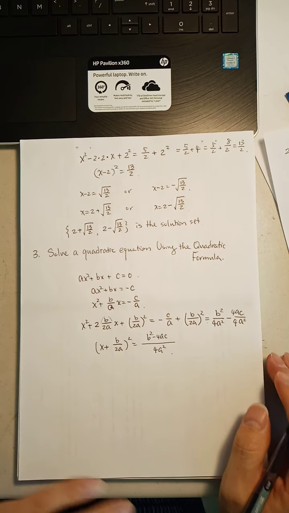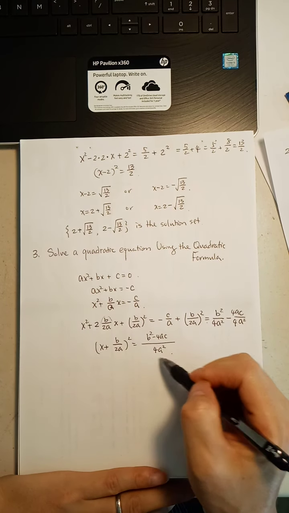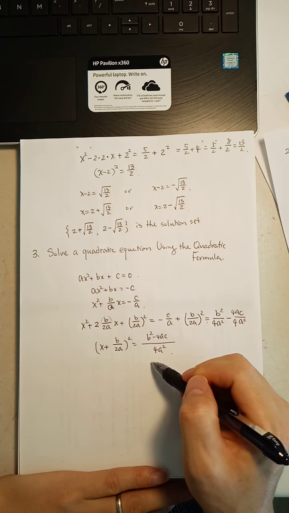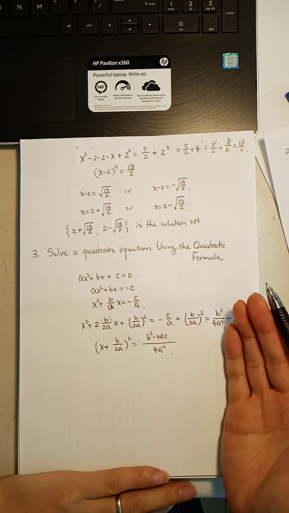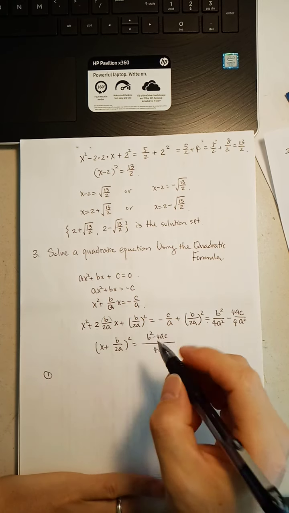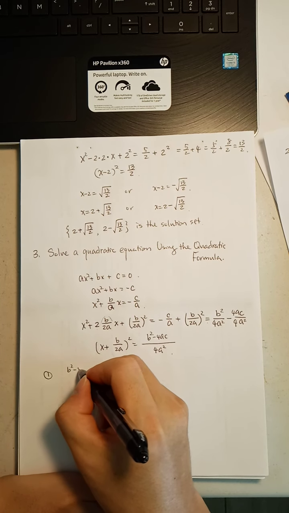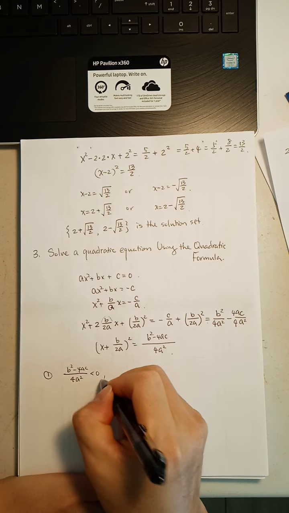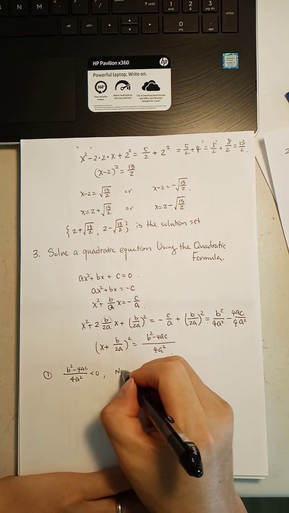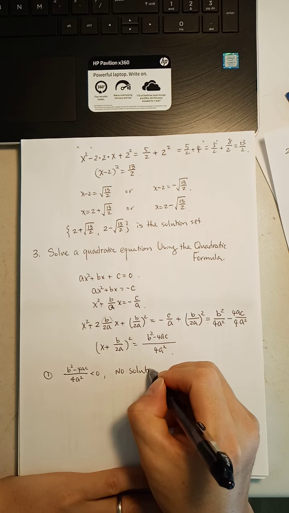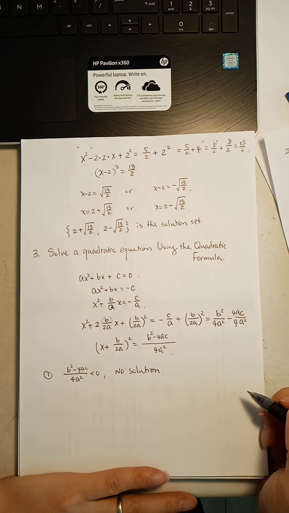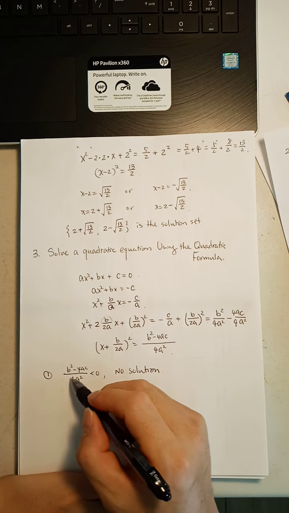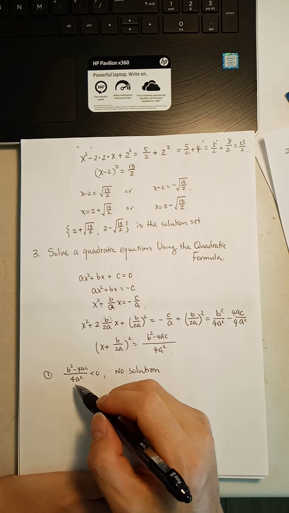Over 4a². And now there is a discussion. If this quotient is a negative number, no solution. A square cannot be a negative. And remember that this denominator 4a² is always positive.